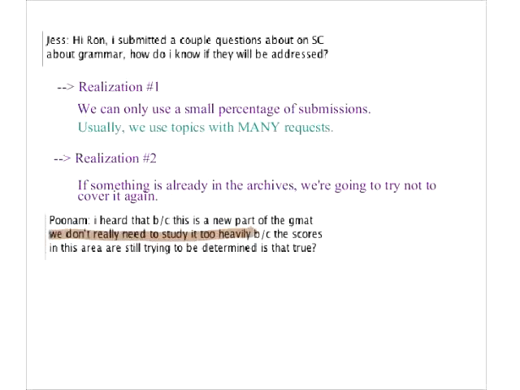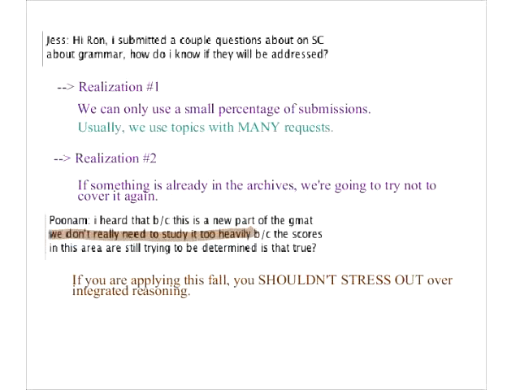If you are applying this fall, you probably shouldn't stress out over integrated reasoning because it's a brand new section, and what that means is that they're still calibrating.